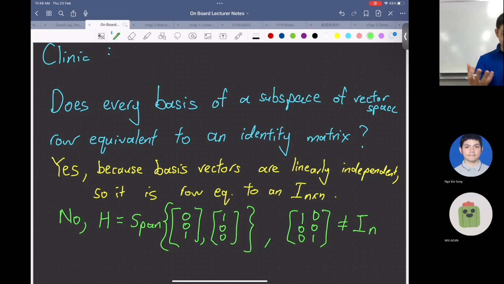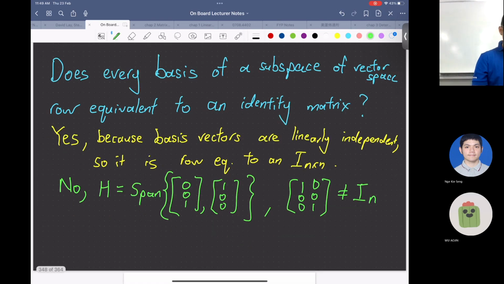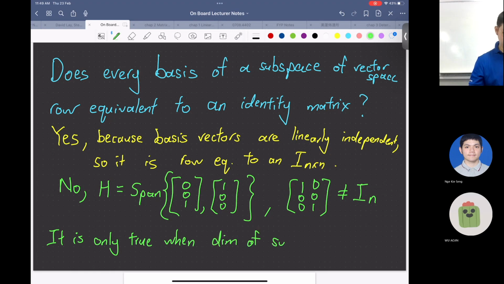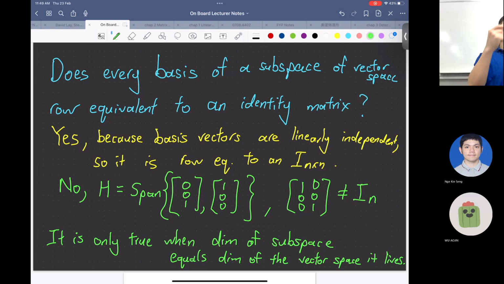The issue is that it is only true when the dimension of the subspace equals the dimension of the vector space it lives in. Then the basis will be row equivalent to the identity matrix.